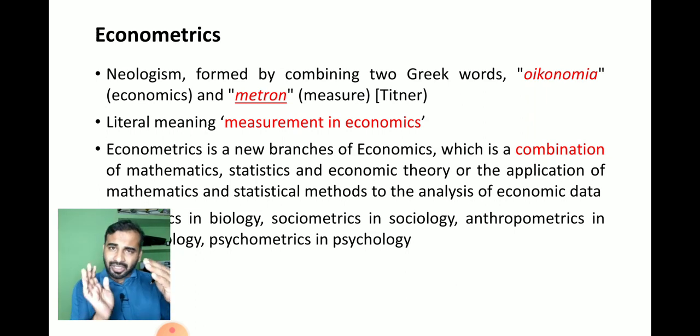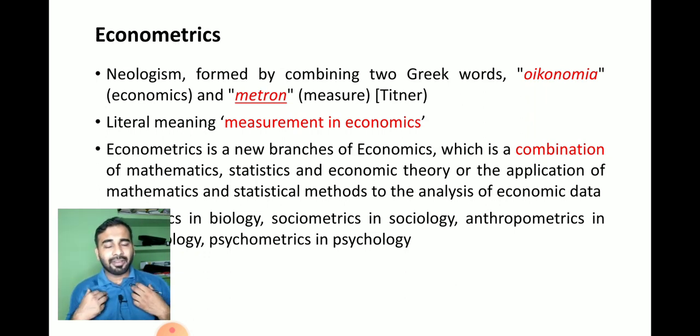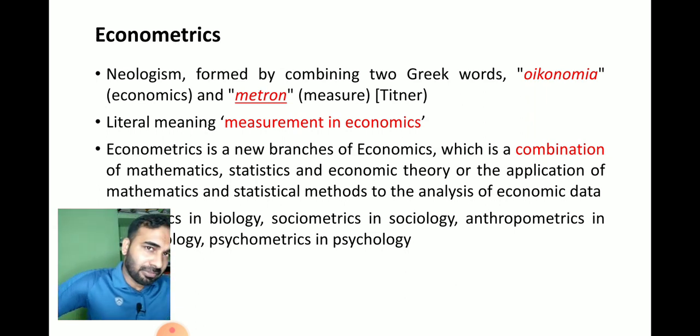Okay, so oikonomia plus metron, economics plus measurement. So literally it means economic measurement, or measuring the things in economics. So if somebody asks you what is econometrics, it is nothing but measuring the things in economics, or economic measurement.